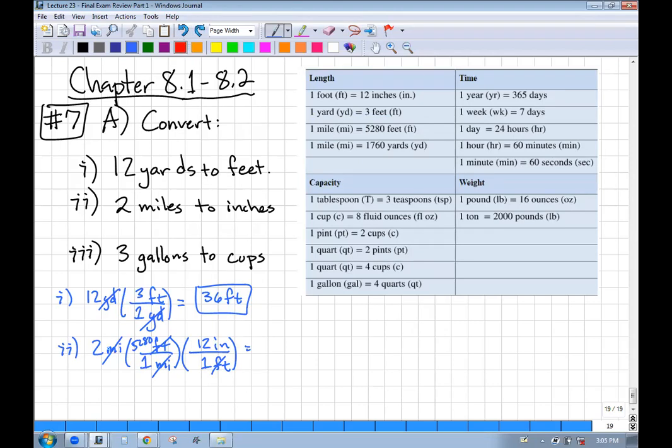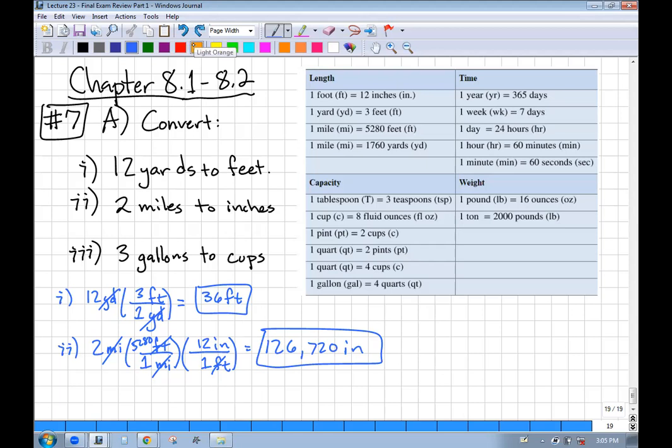I'll take 2 times 5280 times 12. 126,720 inches.